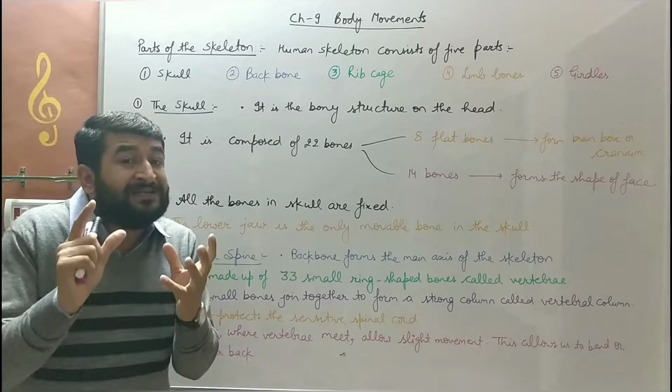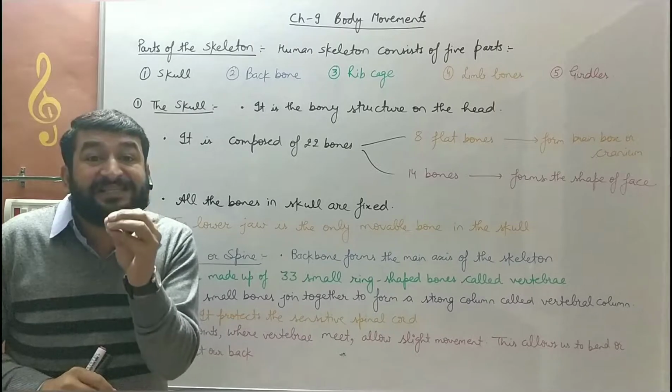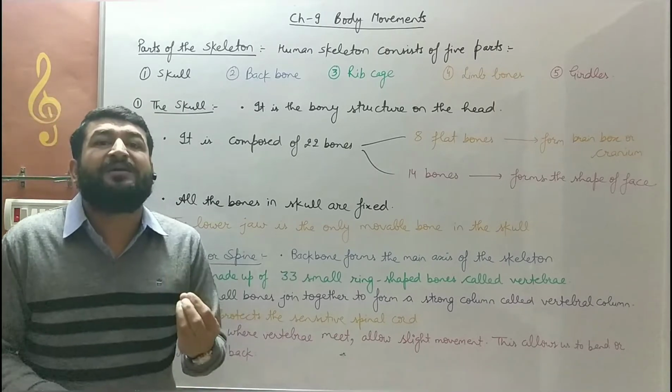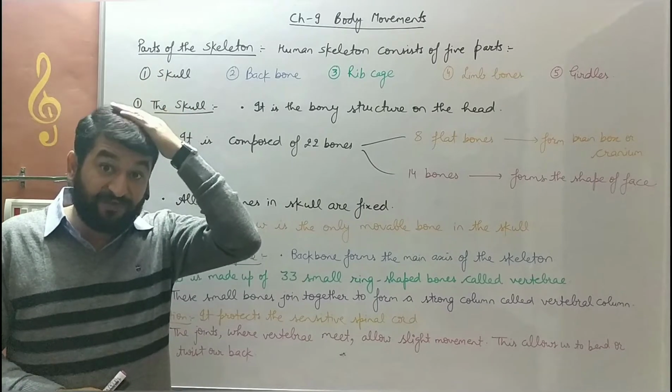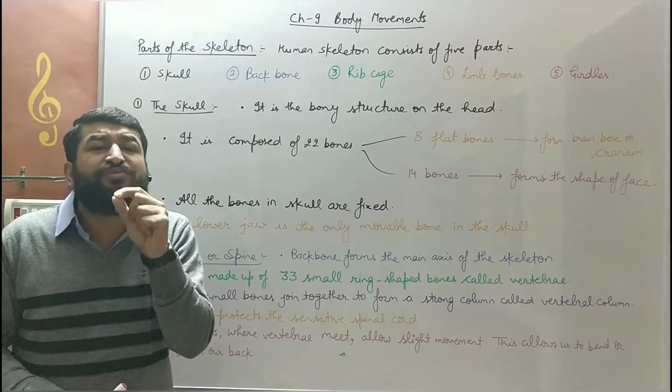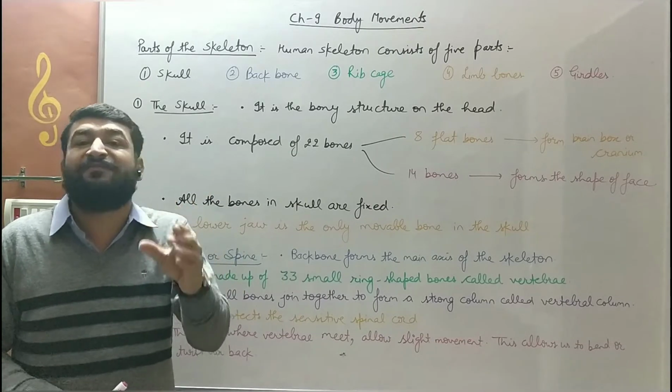The skeleton also protects delicate organs, very sensitive organs. The ribcage in the chest region protects the lungs and the heart. The skull, which we'll discuss in detail in this video, protects the brain from any small injury. Brain is a very, very sensitive organ.